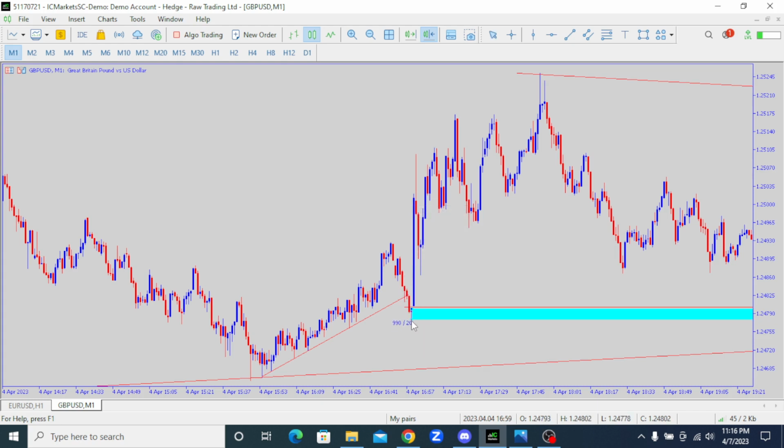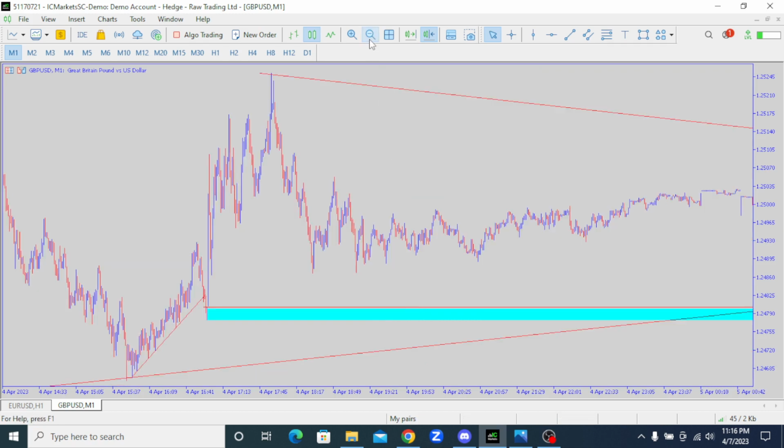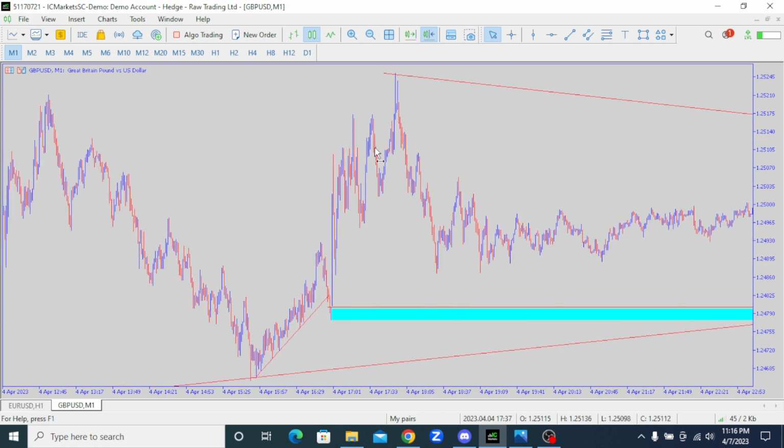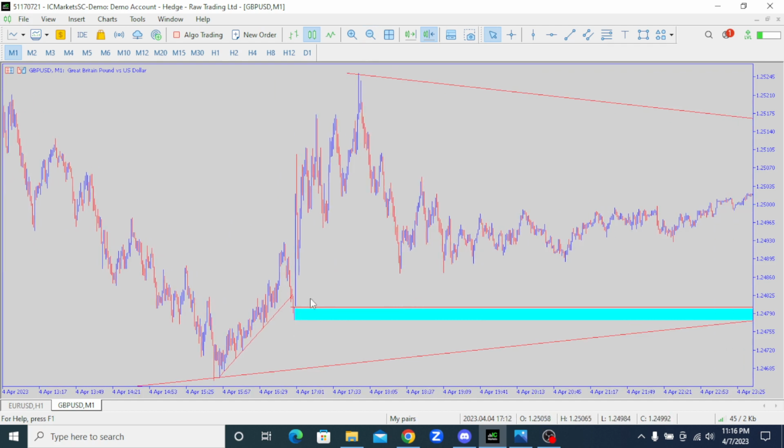So guys, it's a nice point of interest or point of entry, and it's at the discounted price. So if the price had to go even by 2 pips below, we had to change our bias, because there's no pocket of demand that's still open below this one.